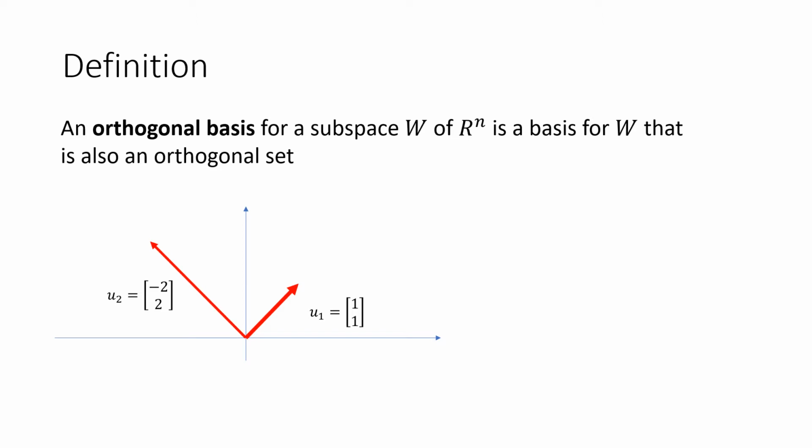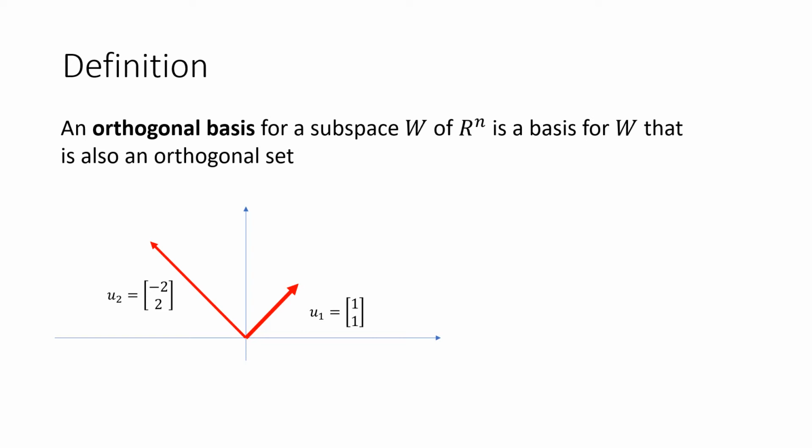But we've also seen that there are all kinds of bases. We're used to the standard basis, 1, 0, 0; 0, 1, 0; 0, 0, 1, the standard vectors. But we've seen that there are infinitely many bases for a subspace.